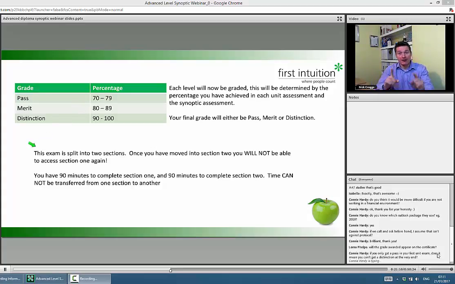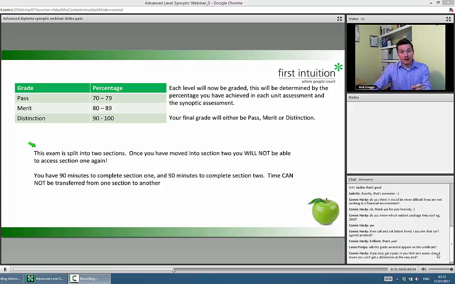Now, one thing I want to stress is this exam is split into two very distinct sections. The first one is where you test the mandatory units and ethics. The second section is all about spreadsheets. And if you remember back to your 2013 or even the 2016 individual unit assessments, you can fly around from one question to another.